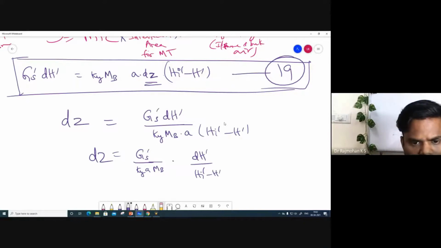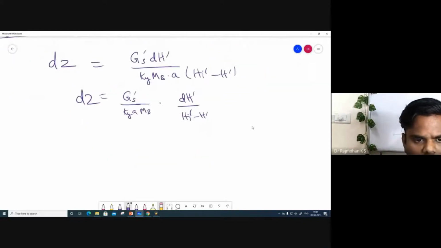If you want to integrate this equation across the tower, this is for the small thickness.